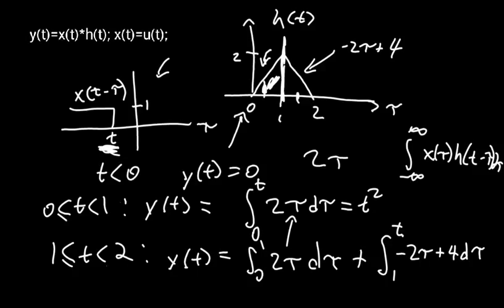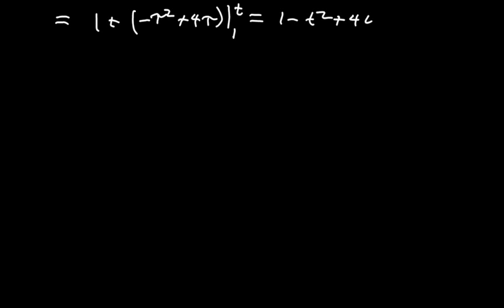Now when you solve that, you're going to get this equation out: 1 plus negative tau squared plus 4 tau evaluated from 1 to t, which is equal to 1 minus t squared plus 4t plus 1 minus 4.